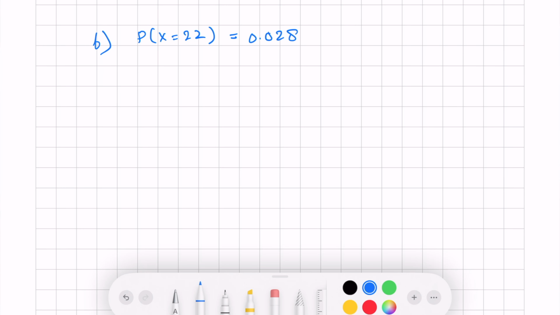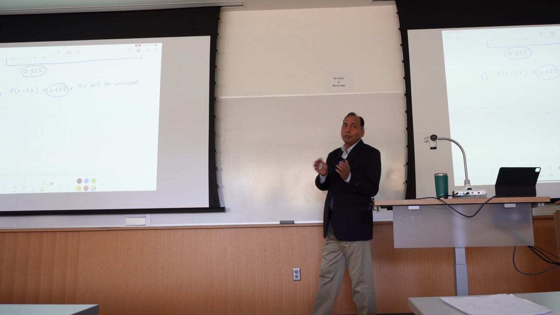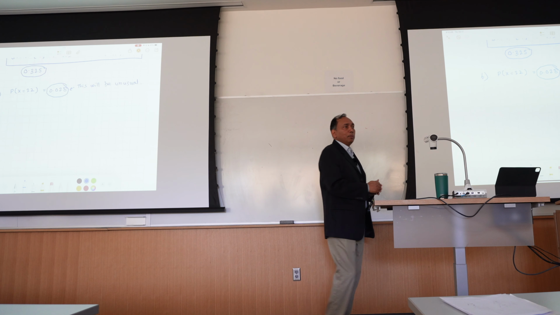So this will be unusual. There's 97% chance of this not happening, only 3% chance of something happening. Obviously, you'll be surprised. There's a much smaller chance.